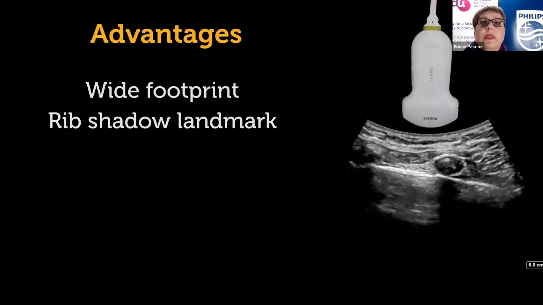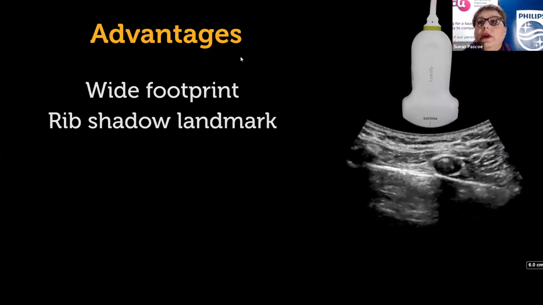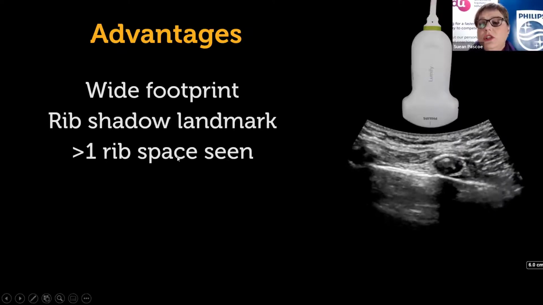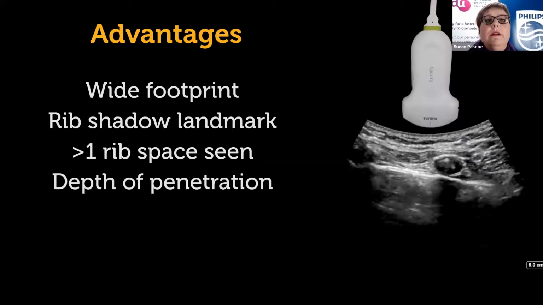The rib shadow gives you a good landmark for figuring out where your pleural line is. So usually you see more than 1 rib space in between that. It's got good depth of penetration. So if you're looking for pneumonia and stuff like that, it's really, really good.